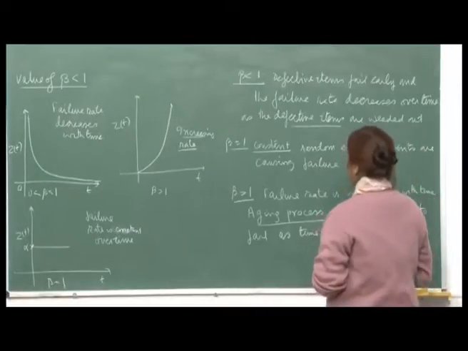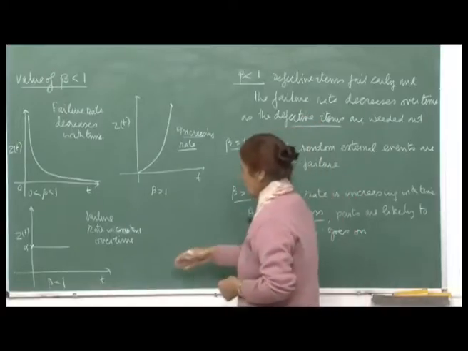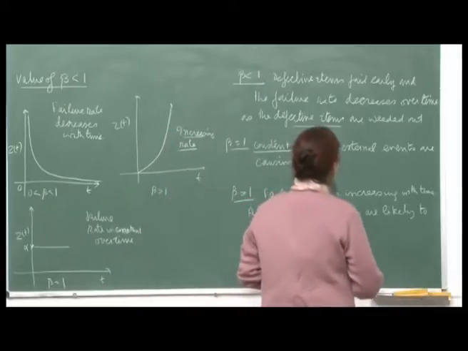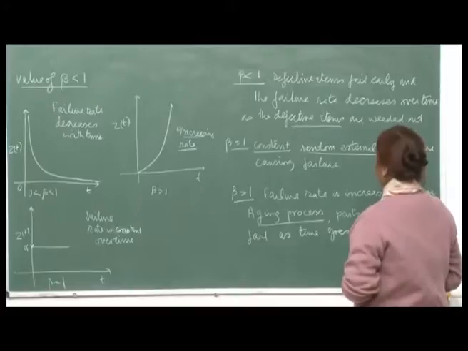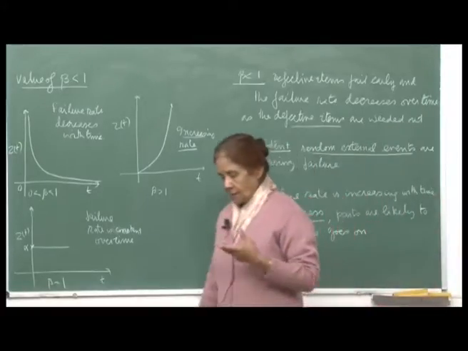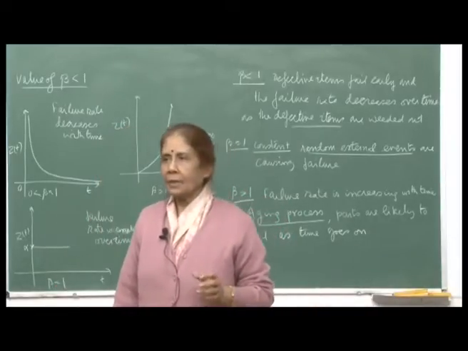Now, here of course, since the failure rate is constant, as time goes on, the failure rate does not change. This is because random external events are causing the failure. That could be one of the reasons. For example, a fuse will blow out if a high current comes suddenly in the line.